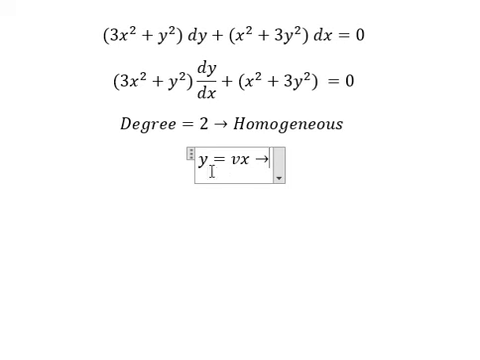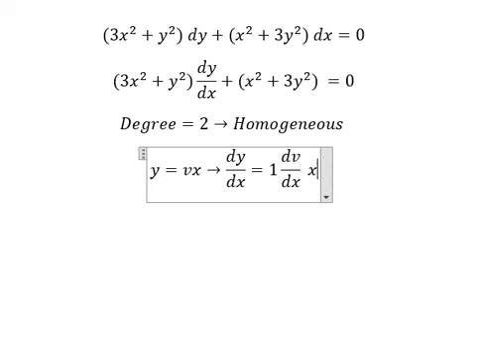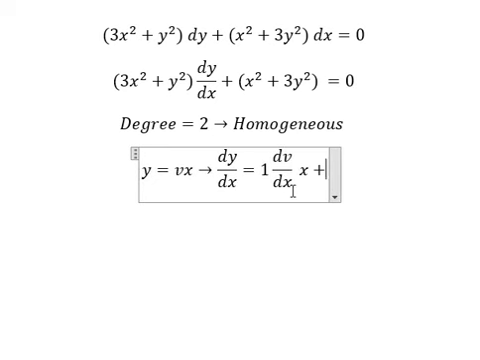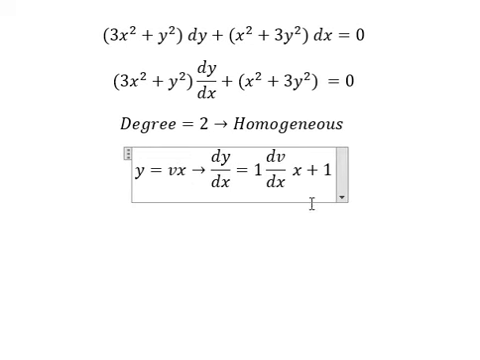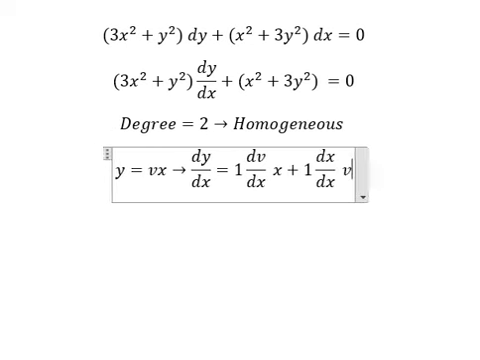Later that, we need to do first the derivative for both sides. So we need to do first the derivative of v. So we have 1 dv over dx multiplied by s. Later that, we need to do first the derivative of s. We have 1 dx over ds multiplied by v.